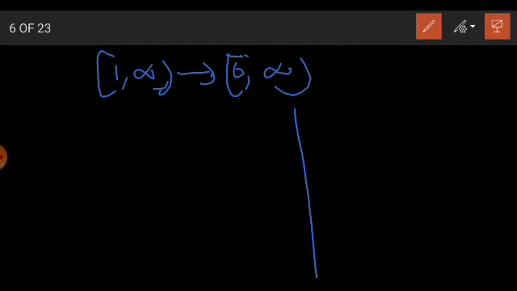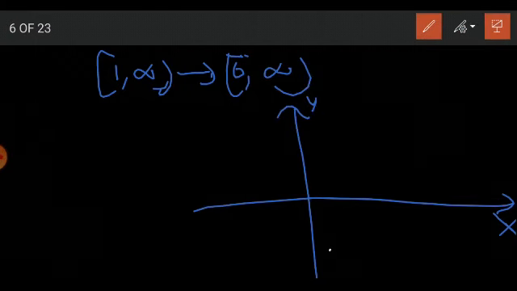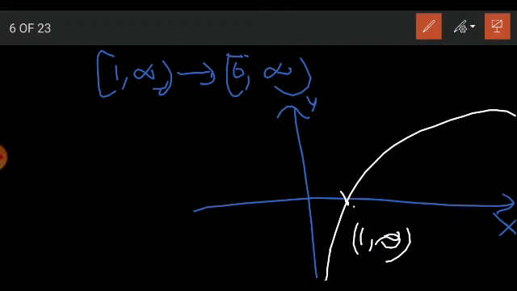Let's say this is the x-axis and this is the y-axis, and here we draw the graph of y equal to ln x. Here this is the point 1 to infinity. 1 to infinity means beyond (1, 0). So from (1, 0) the result will be 0 to infinity.